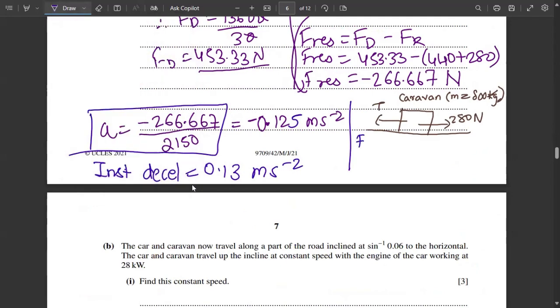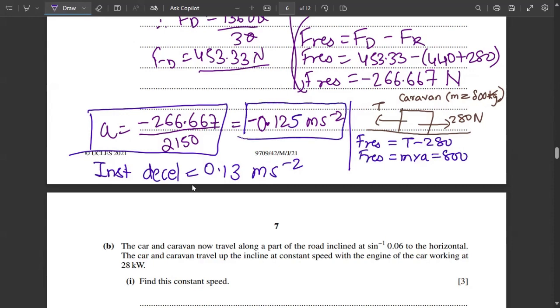So the resultant force for this caravan will be T minus 280. And if resultant is mass into acceleration, the mass of the caravan is 800 and the acceleration will be minus 0.125. Therefore, 800 into minus 0.125 is equal to T minus 280.